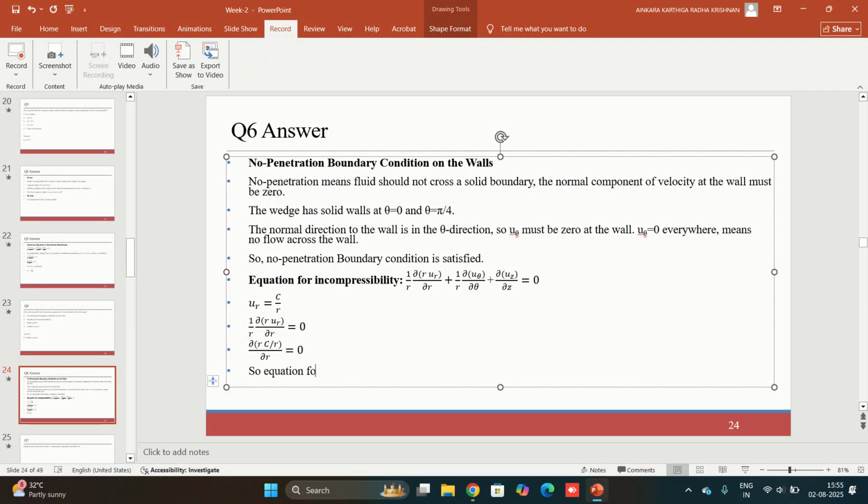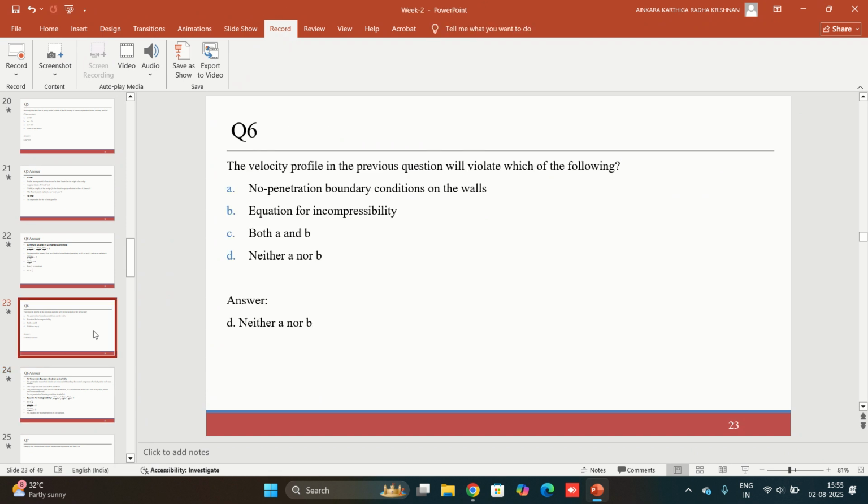So the equation for incompressibility is also satisfied. So the answer is none of the above, that is neither A nor B. So I hope it is clear now.